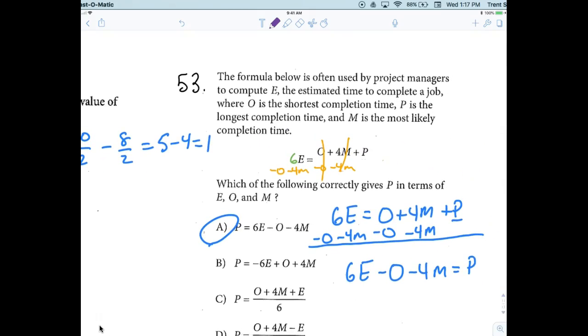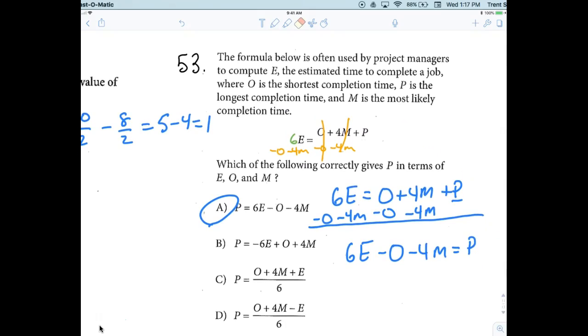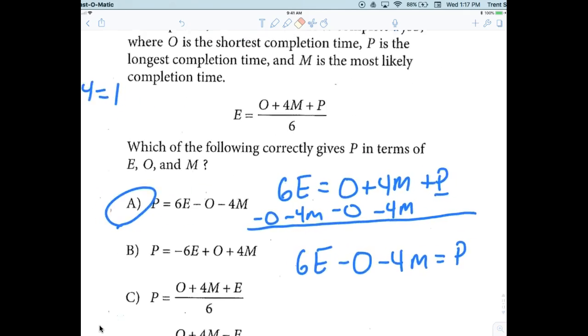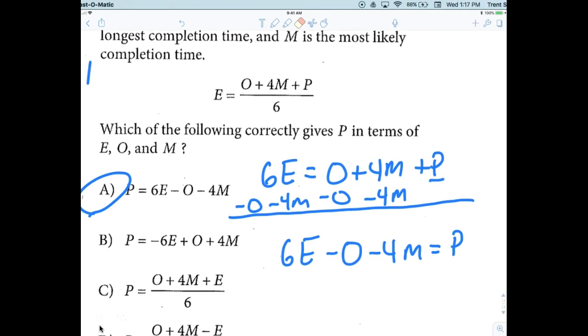53. Here's where I was. Now, look carefully, please. I've got to get rid of the dividing by 6. How do I get rid of dividing by 6? Right. So now I can come over here and just put a 6e, and now I get rid of that.